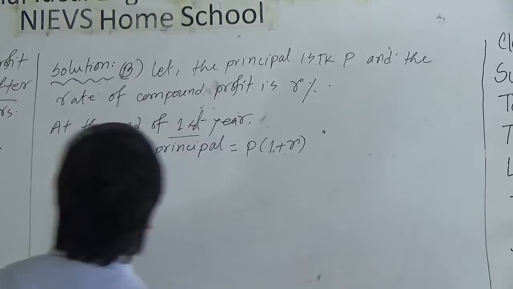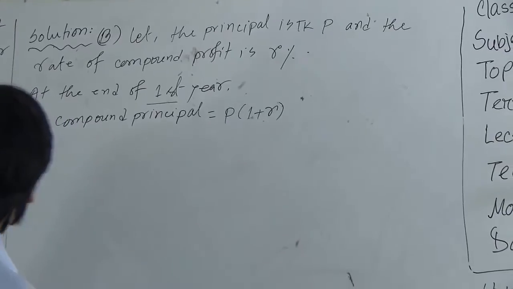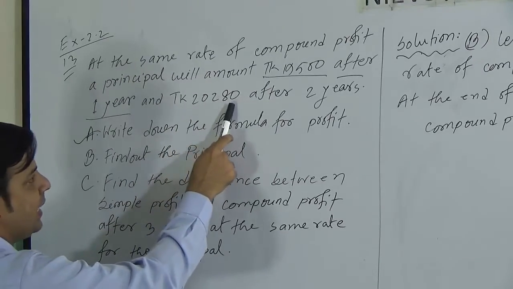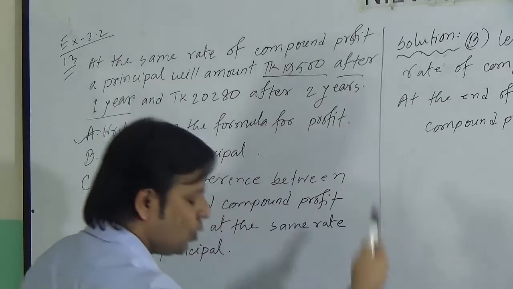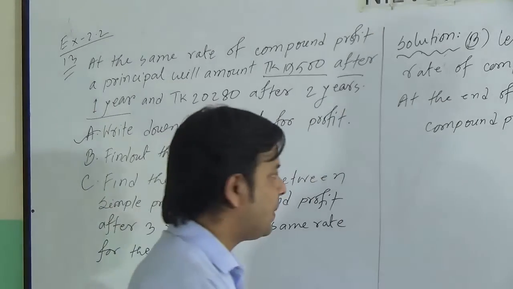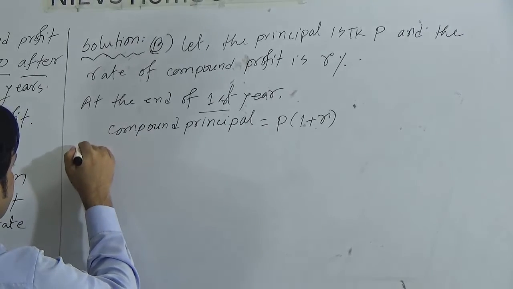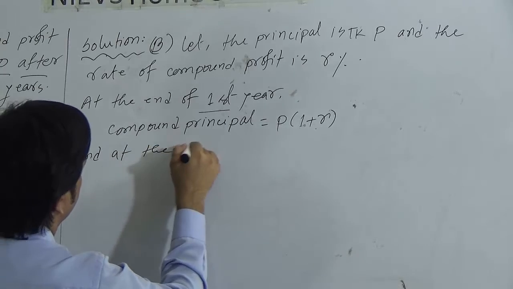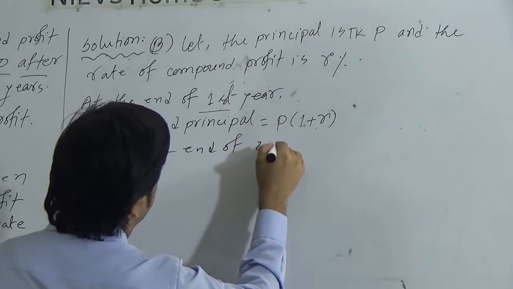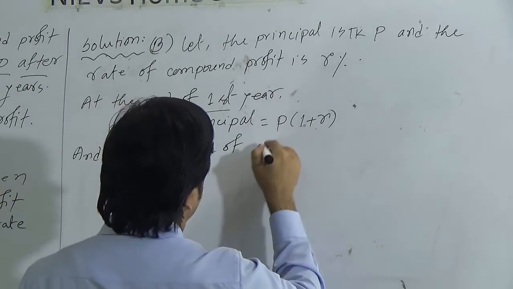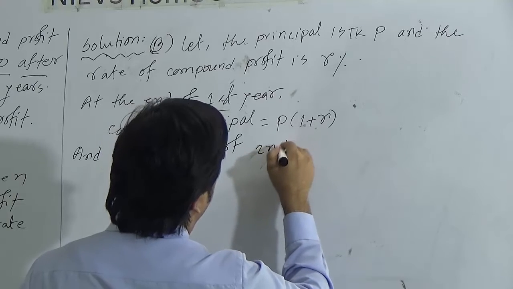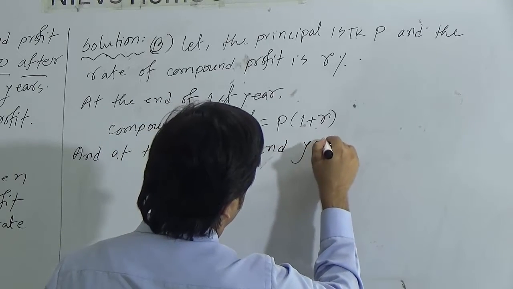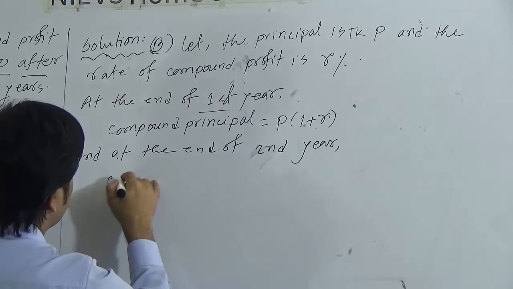Okay, dear students, so we can go to the statement again here, taka 20,280 after 2 years. So we can write the compound principal at the end of 2 years, or the second year, we can write, at the end of the second year, compound principal.